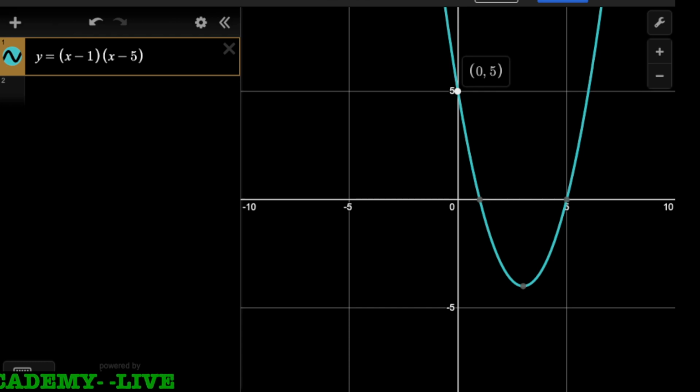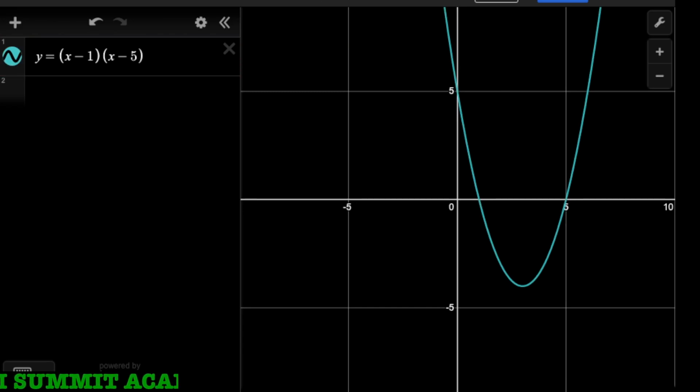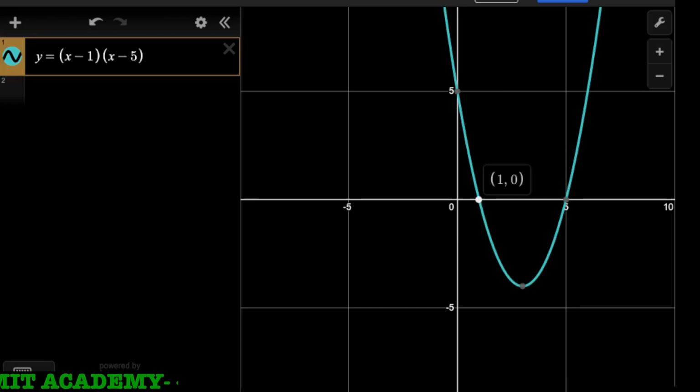Okay, so it goes to the point 3, negative 4, and it goes to the points on our x-axis, 1, 0 and 5, 0. That way we know some of these ordered pairs for our function.